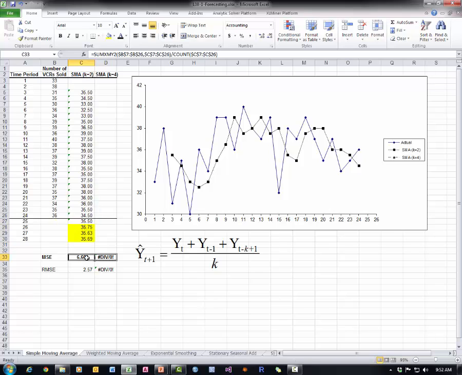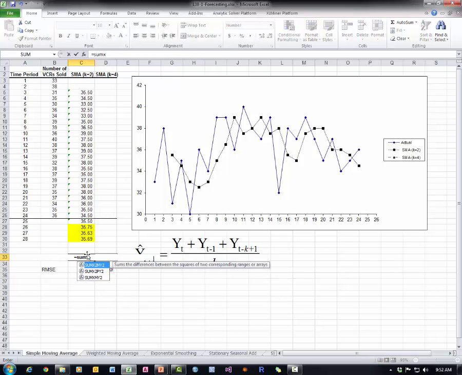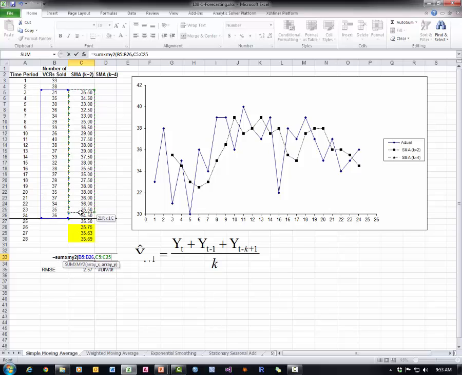For the mean squared error, you could take each value, subtract it from its mean, square it, and then find the average, or you can use this function. The function we're going to use is called SUMXMY2, essentially the sum of x minus y squared. We're going to select your first column and the second column.